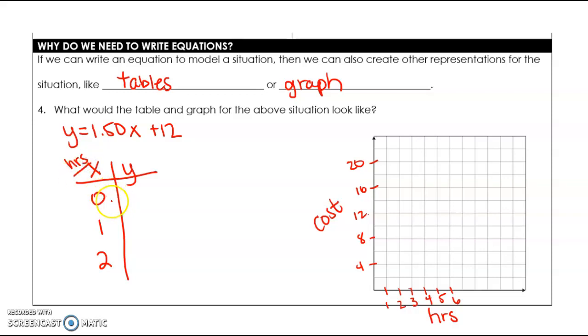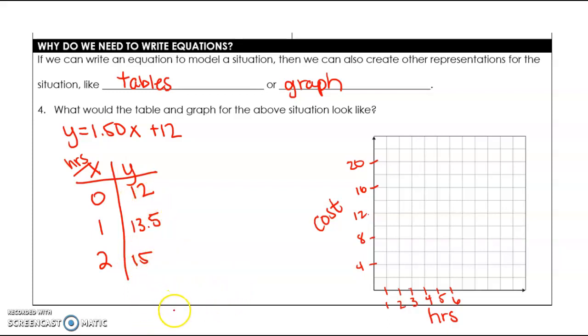So I can only start at 0 and go up because you cannot have negative hours. And then remember that your y represents your total cost. So if I rented this bike for 0 hours, it would cost me $12. For 1 hour, it would cost me $13.50. And for 2 hours, it would cost me $15.